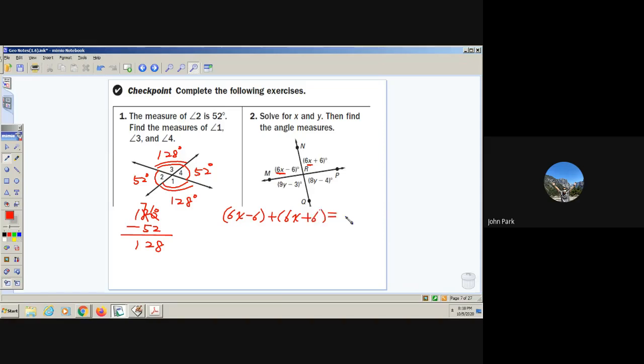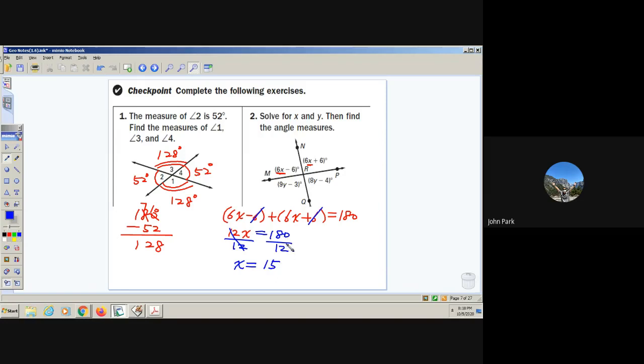And that's always going to add up to 180 degrees because they're a linear pair, which means together they form a straight angle. So then you combine 6x and 6x, which is 12x. And the negative 6 and positive 6 cancels out to 0, right? And so that's going to equal 180 degrees, and then divide by 12 to cancel that out. Divide by 12. So x is going to equal 15, right?